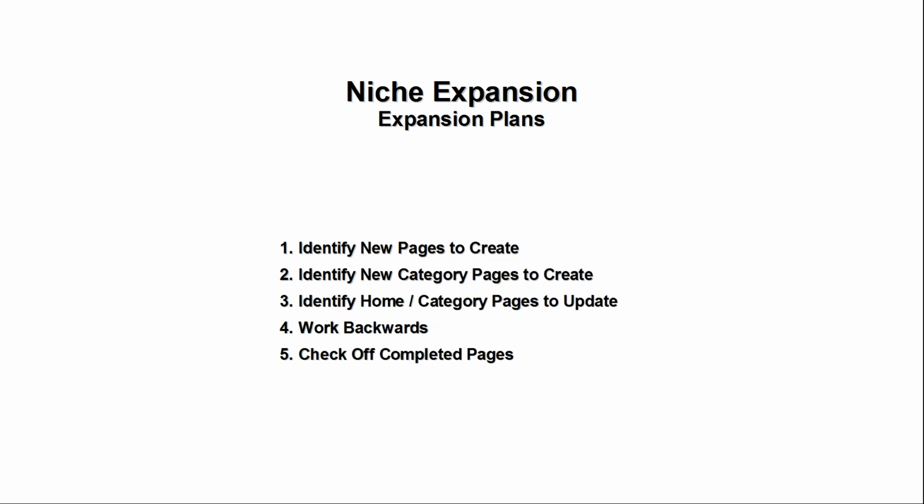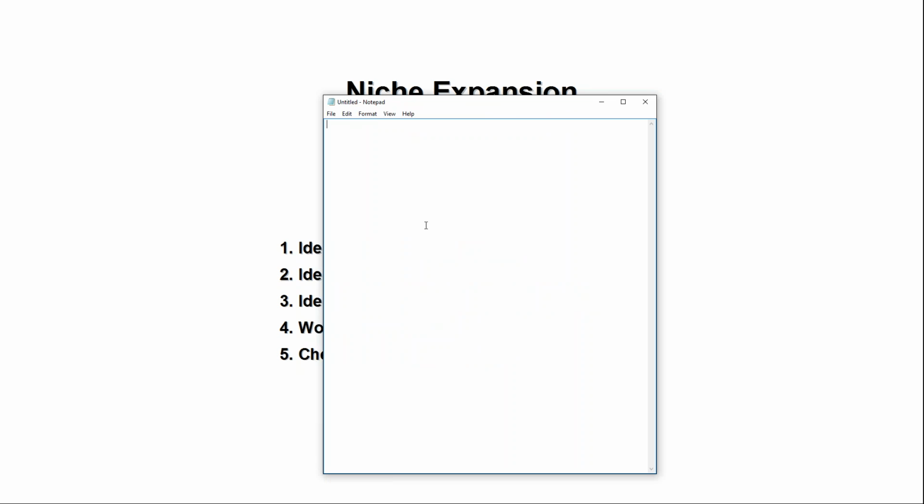So for example, I'm going to have a new page called Chez Moi Collection. This page is going to be grouped under the brands page. So I'm going to need to edit my brands page, and this is going to be a new page.